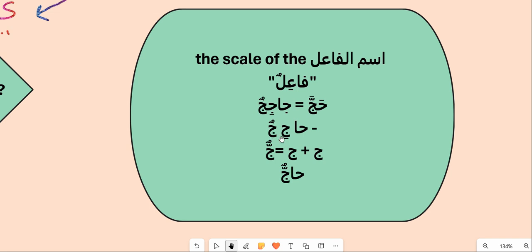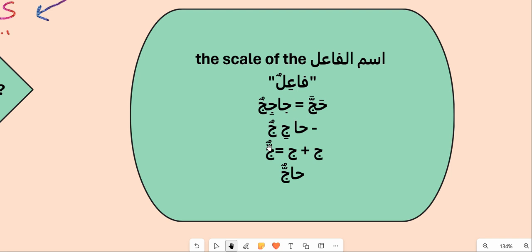What they did was from this structure, they took the two jeems and put them together. I have broken it up and shown you to make it easier to understand. These two jeems were taken together, overlapped, and they put a shadda over it to tell you that there are two jeems here.